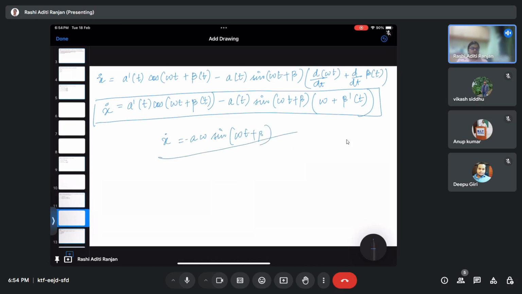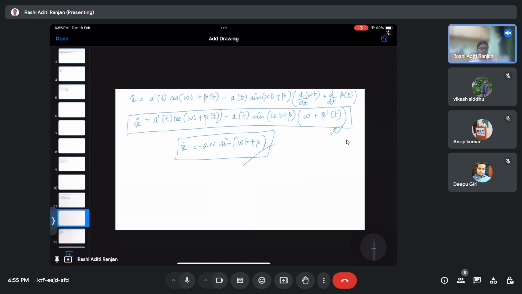Although a and beta are actually functions of time, we do not consider this derivative in the Krylov-Bogoliubov method. It is assumed that x dot is this, and that is how we further solve and get the solution. I hope this is clear to you all.